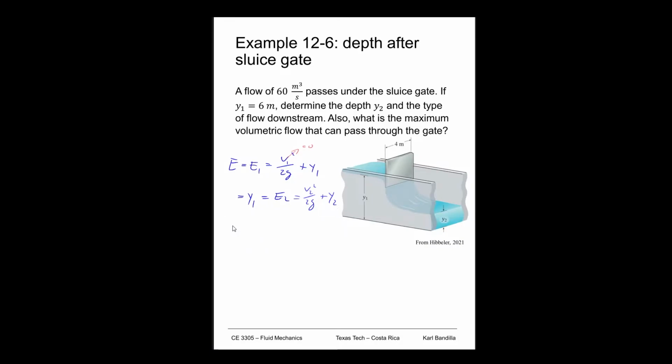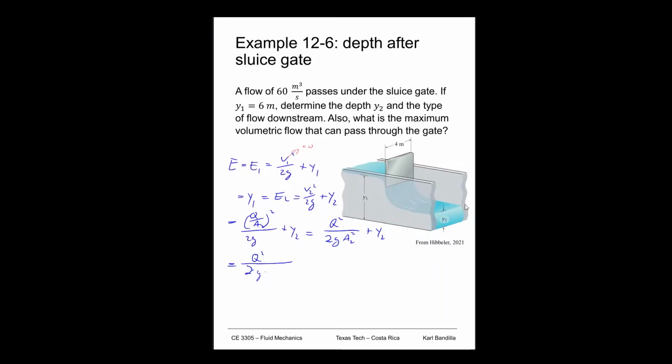Now we're not given the velocity, we're only given the flow rate, so that would be (Q over A2) squared divided by 2g plus y2. That, of course, is then Q squared over 2g A2 squared plus y2. And that is then Q squared over 2 times g.